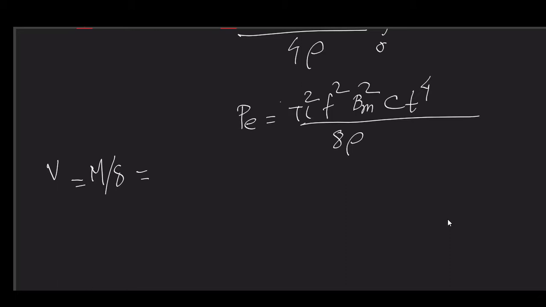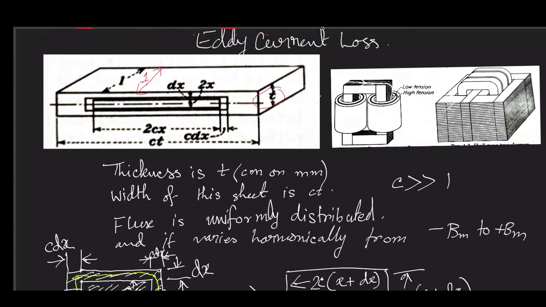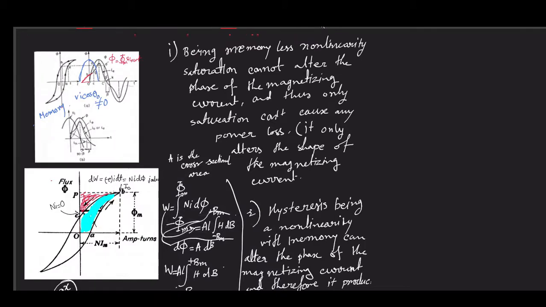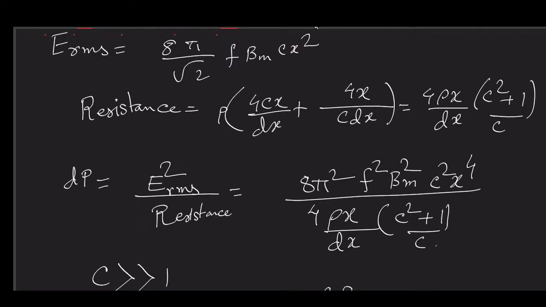So M by density will be T into CT into 1. If we go to the first page, you will get it. This side is T, this side is CT, and this side is 1. So obviously the volume will be CT square.